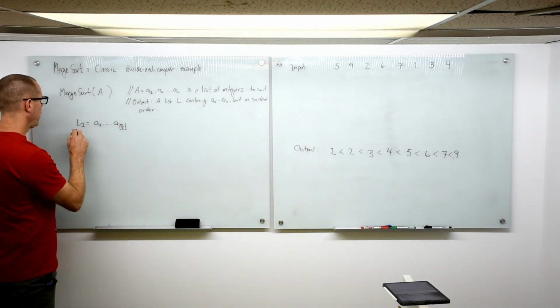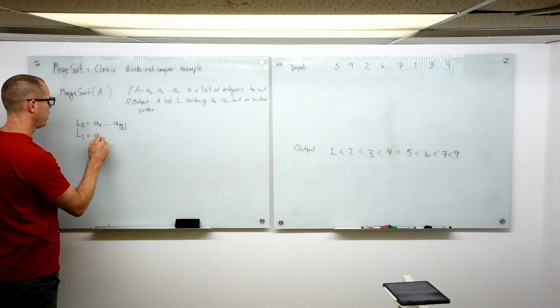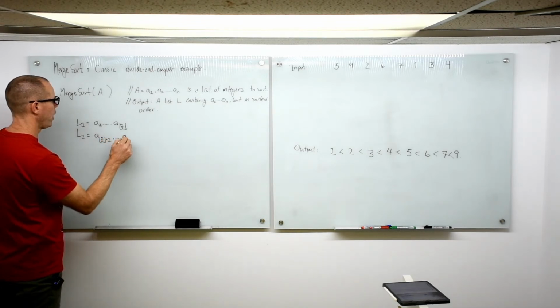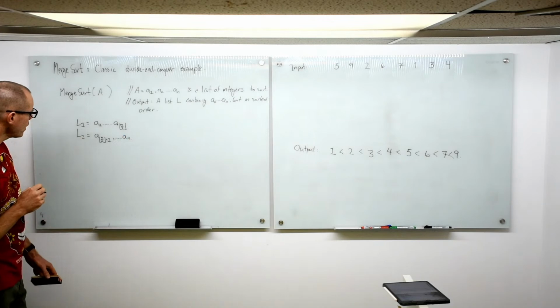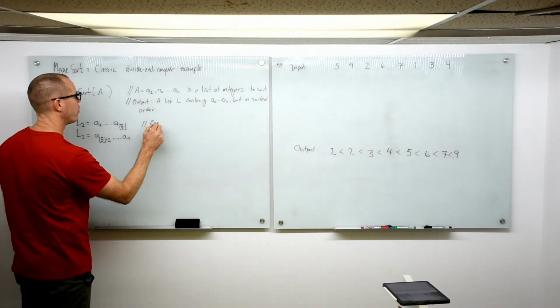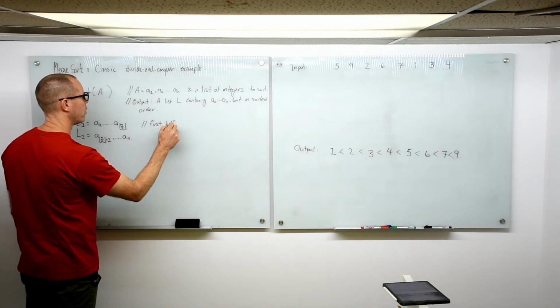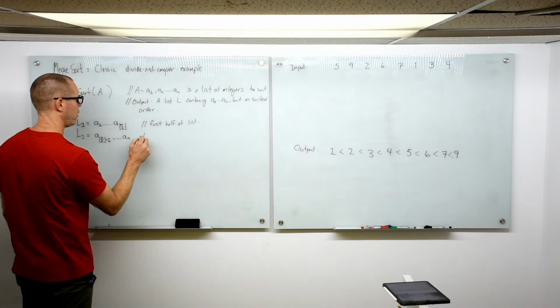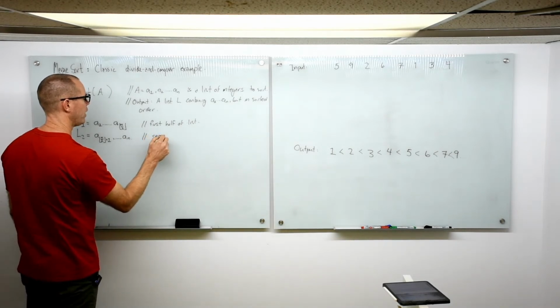And let's say L2 is equal to the floor of n over 2 plus 1 all the way up to AN. Okay. So L1 is the first half of the list. This is the second half of the list.